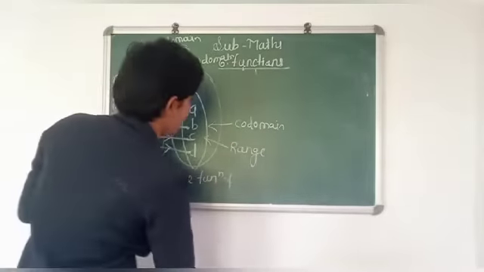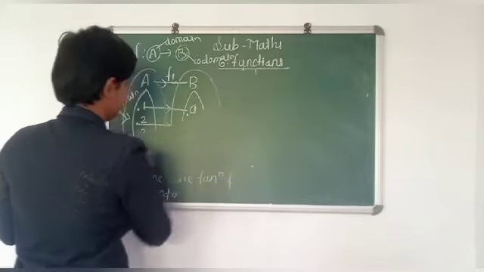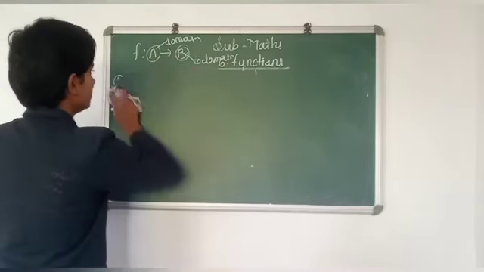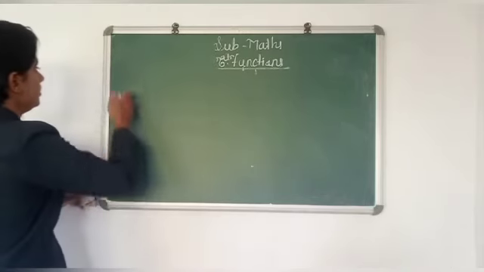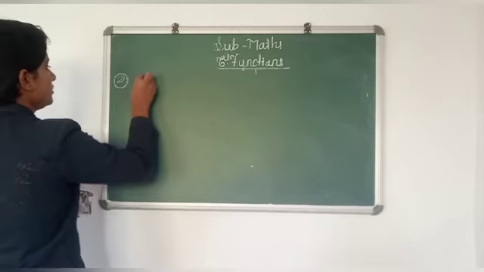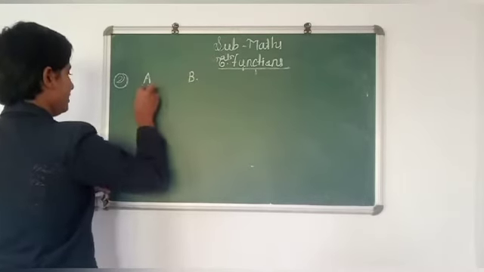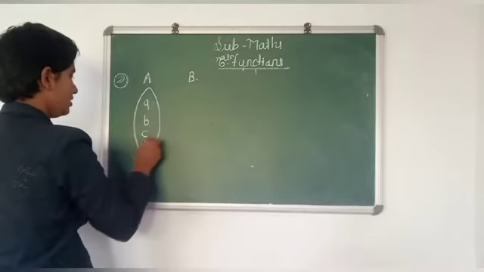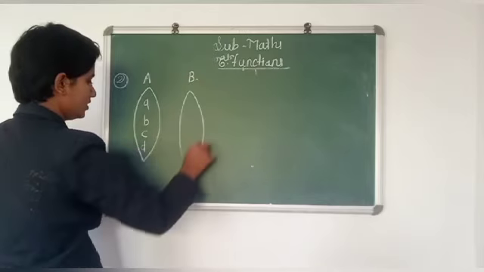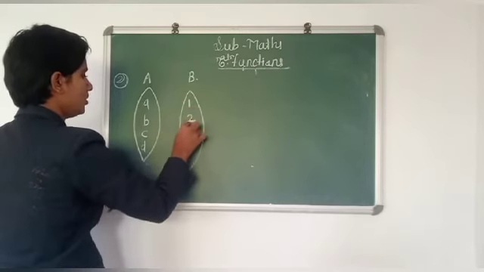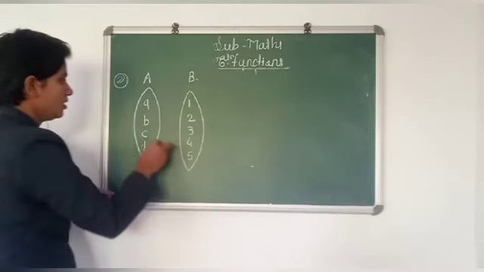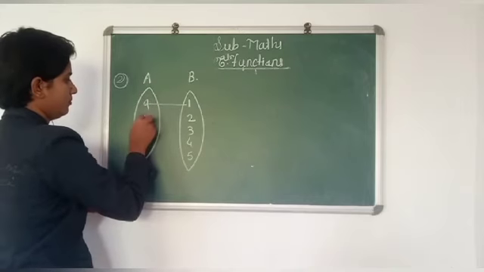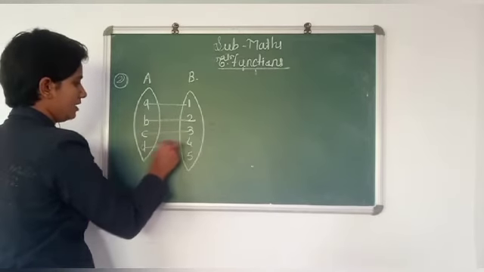Now see the second example. Suppose set A contains 4 elements A, B, C and D, and set B contains 5 elements 1, 2, 3, 4 and 5. So A goes to 1, B goes to 2, C goes to 3 and D goes to 4.